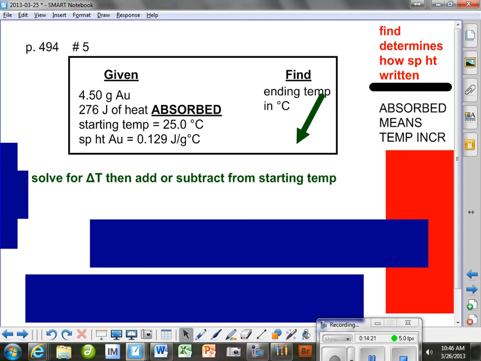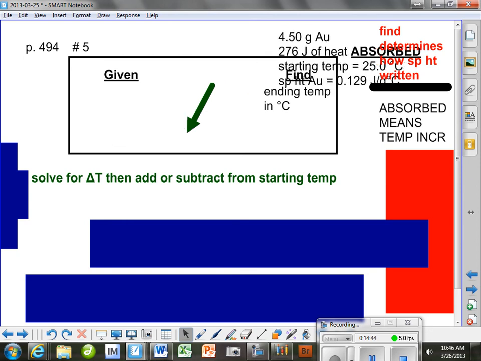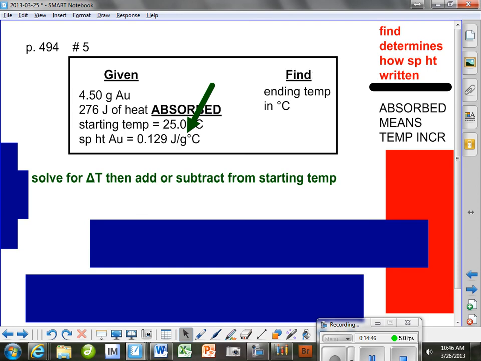Tony, you need to tell us what our first fraction is going to look like. What's going to be on the top and what's going to be on the bottom of our fraction. Here's our specific heat right here. 0.129 joules over grams per Celsius. What does this stuff up here mean, Tony?